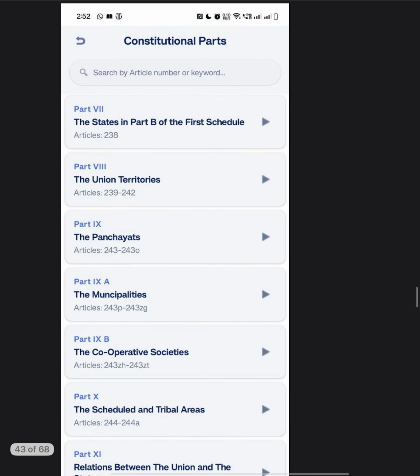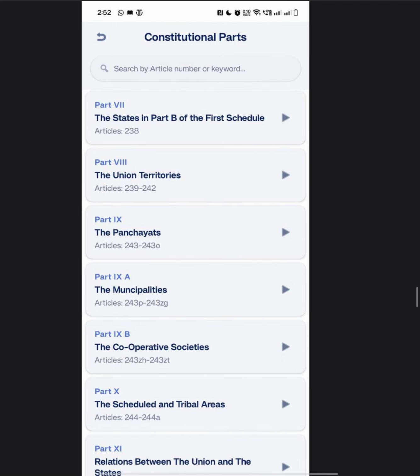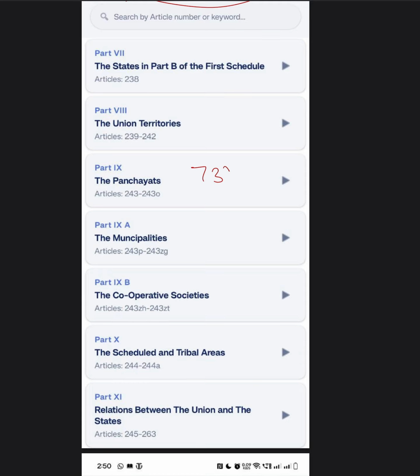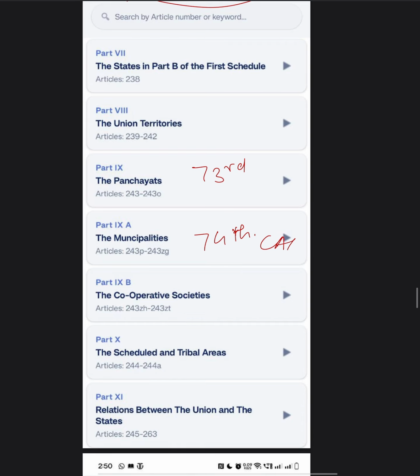Now let us explain. See, constitutional parts, this is through the 73rd, this is the 74th Constitution Amendment Act. See, 243 से 243O तक जो आर्टिकल है, these are part of पंचायत, 73rd से जोड़े गए. So 243K and I, Election Commission and Finance Commission, were added through the 73rd, not through the 74th. ठीक है.